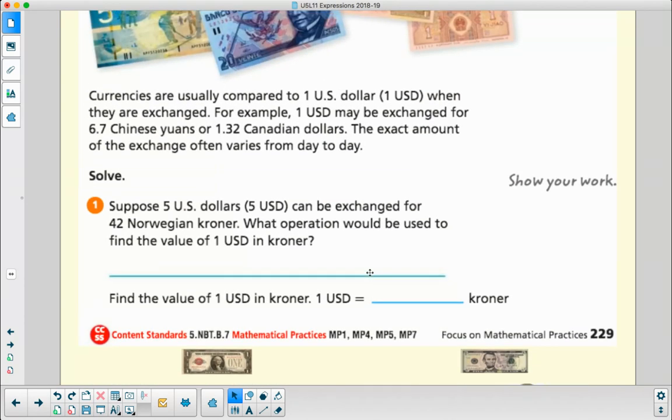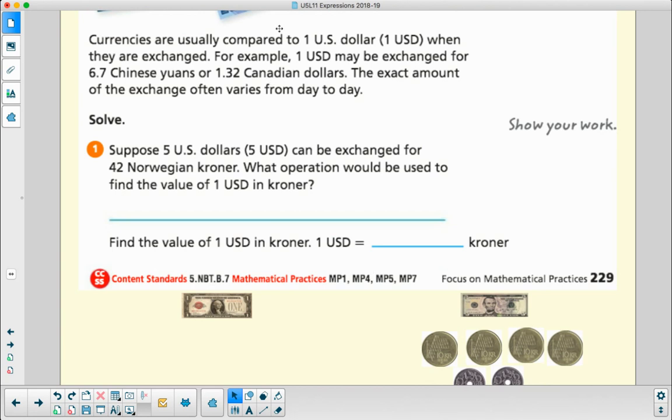So let's continue reading. Currencies are usually compared to 1 US dollar, so they always show 1 USD, meaning 1 US dollar. When they are exchanged, for example, 1 US dollar may be exchanged for 6 7/10 Chinese yen or 1 32/100 Canadian dollars. The exact amount of exchange often varies from day to day.